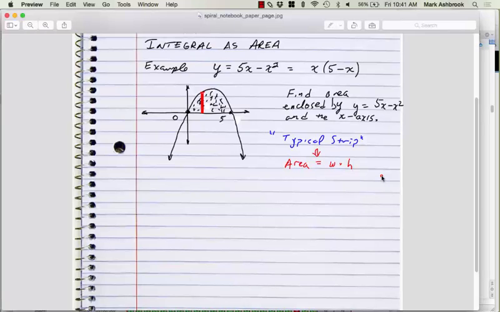So what is the width of this typical strip? Width first. I'll draw it again here. What's the width of that? Is it x, or x2 minus x1? There you go, delta x.